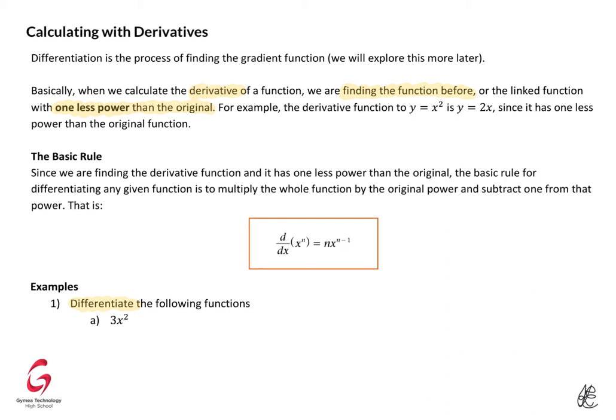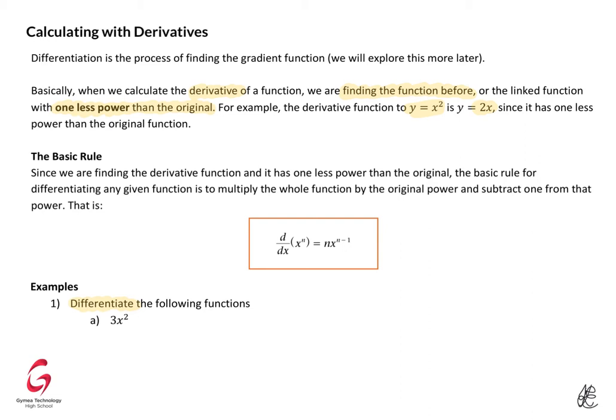So, as an example, if I gave you y equals x squared, then the function that would be its derivative needs to have x with a power of 1. Okay, 1 less power than the original function. But you'll notice that I've written a 2 on the front of it. So this is our basic law of differentiation.